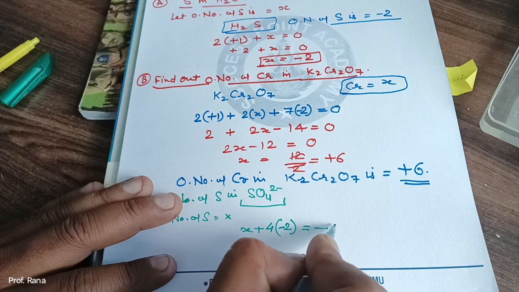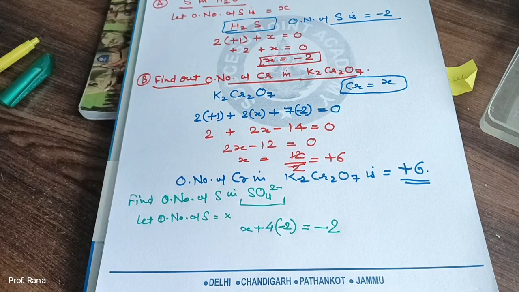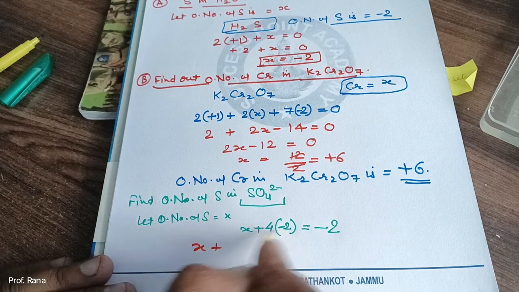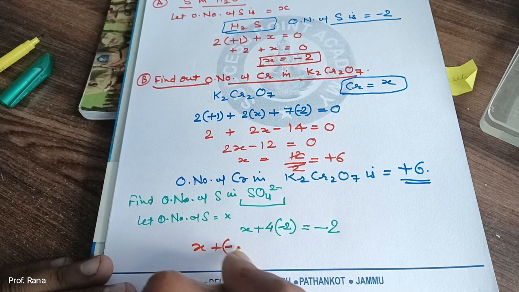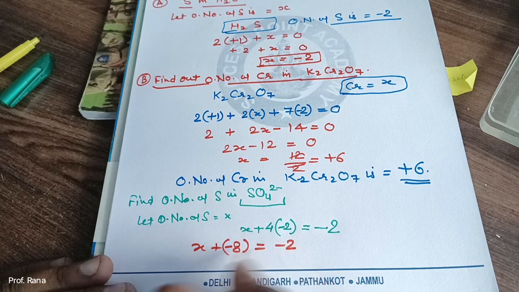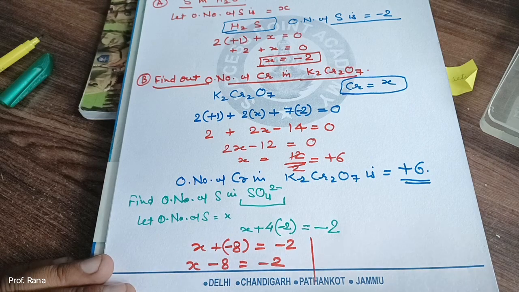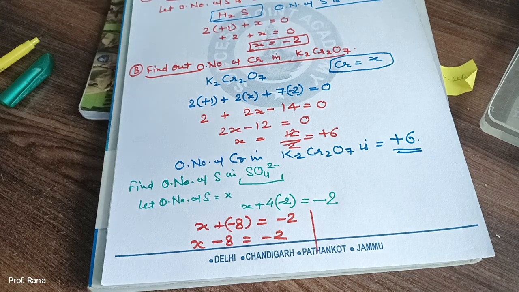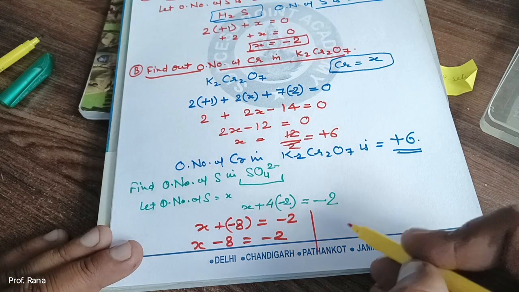And it will become -2, right, students? So X plus 4 into -2, that is -8, equals to -2. X -8 equals to -2. Then what happens? Here it will be solved in mathematical terms.